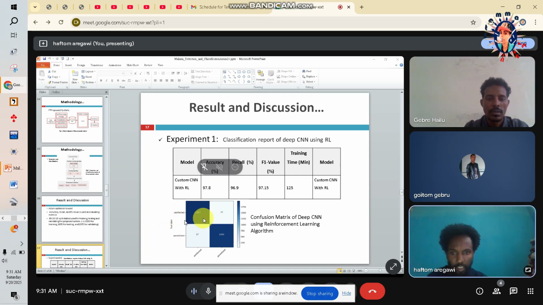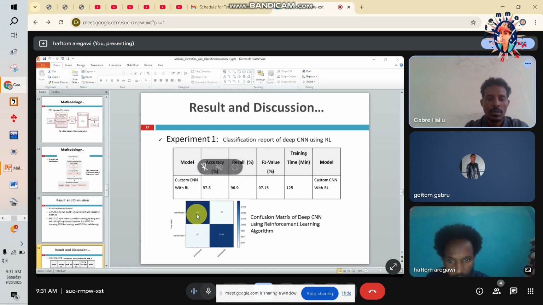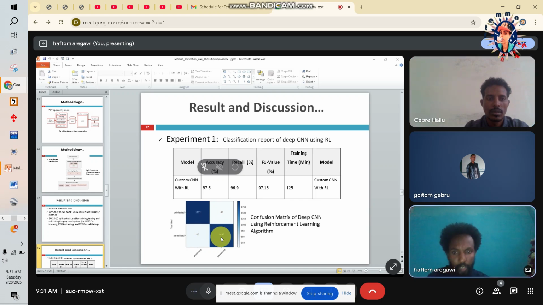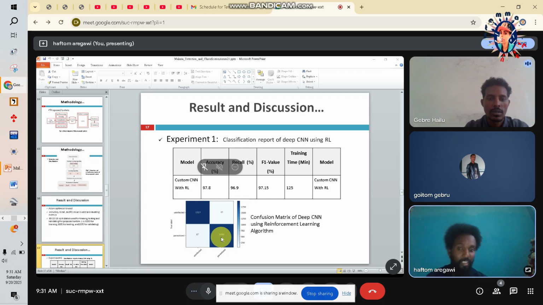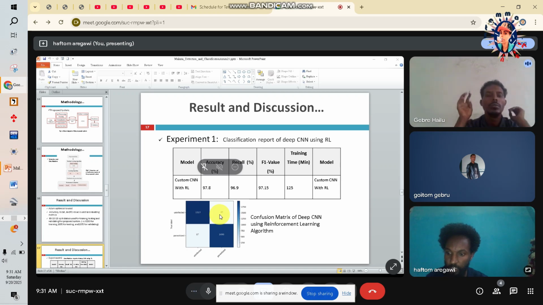Then in more detail, there is the confusion matrix of our model. On the diagonal we see the correctly classified samples: parasite images detected as parasites and healthy images detected as healthy. Off the diagonal we see misclassifications. For instance, when a parasite image is classified as healthy, that is a false negative, which is critical in medical diagnosis because it may lead to untreated malaria.